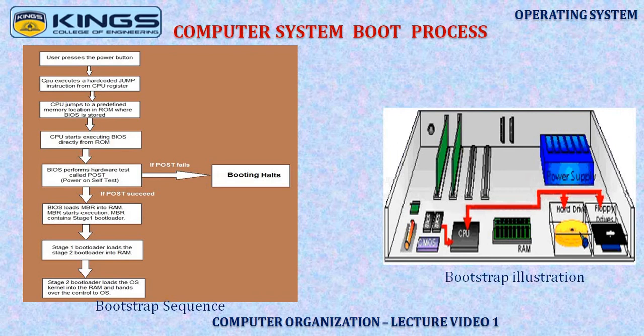Now some services are provided outside the kernel also, by the system programs that are loaded into memory at boot time to become system processes or system daemons. So from this we can understand that some of the services are provided by the kernel of the operating system, and certain services reside outside the kernel as system programs, which are also known as system daemons.